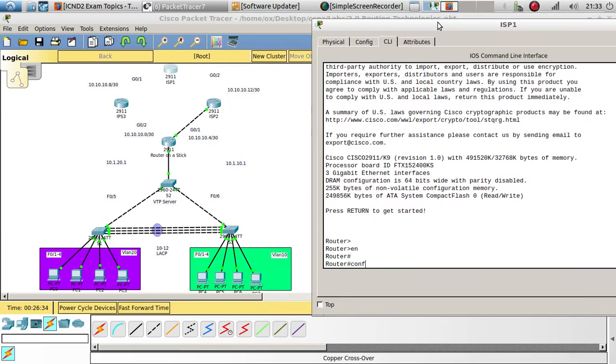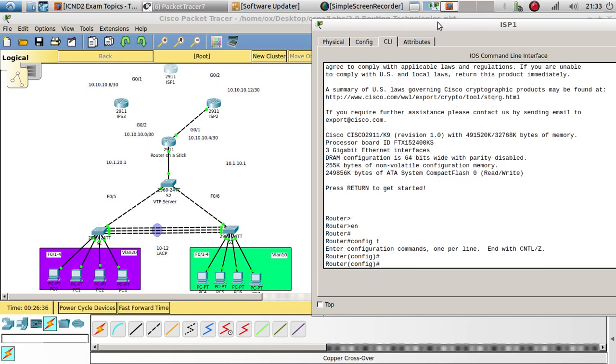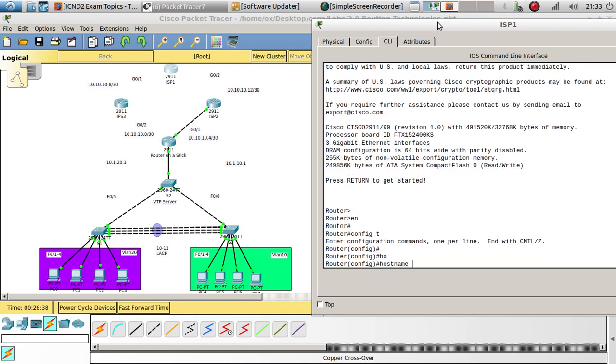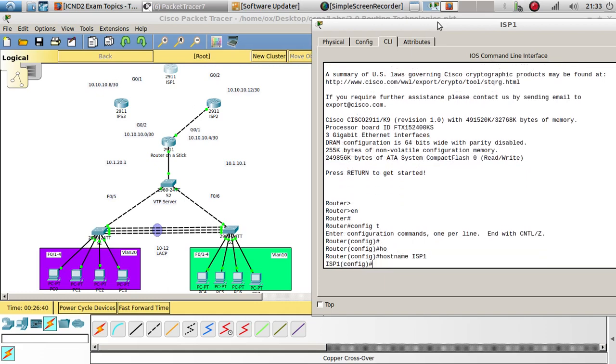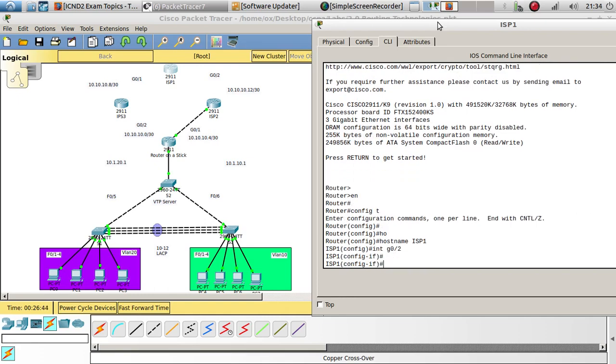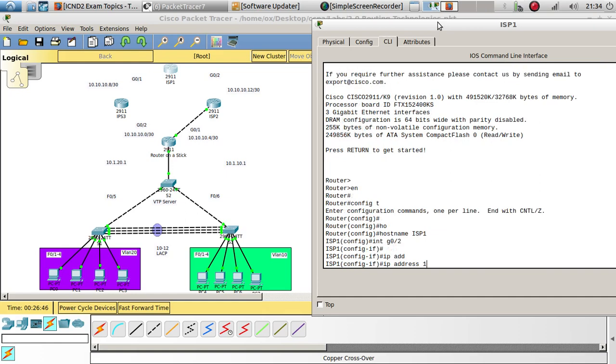Enable, config T, hostname ISP1, Internet Service Provider 1, interface gigabit 0/2, IP address needs to be 10.10.10.14 because we already used 13 for this subnet, 252.